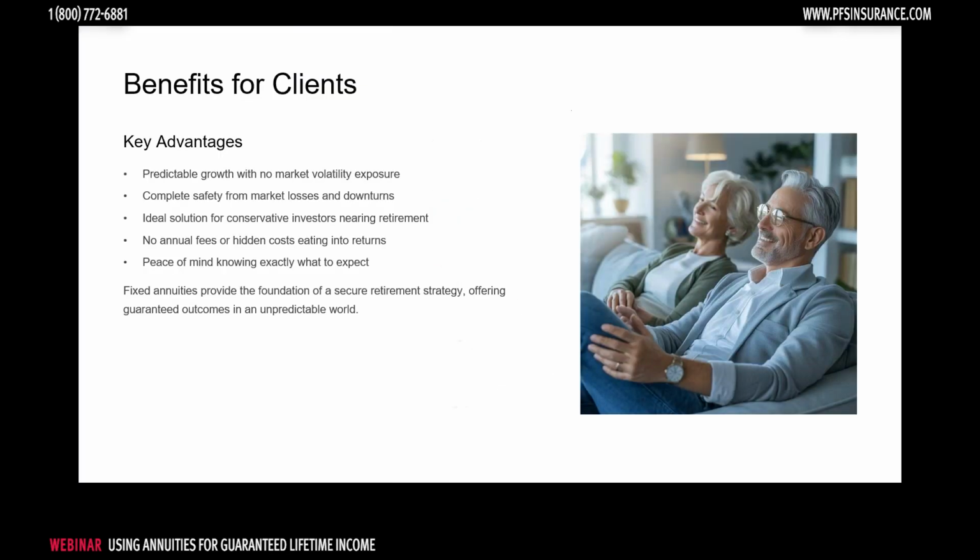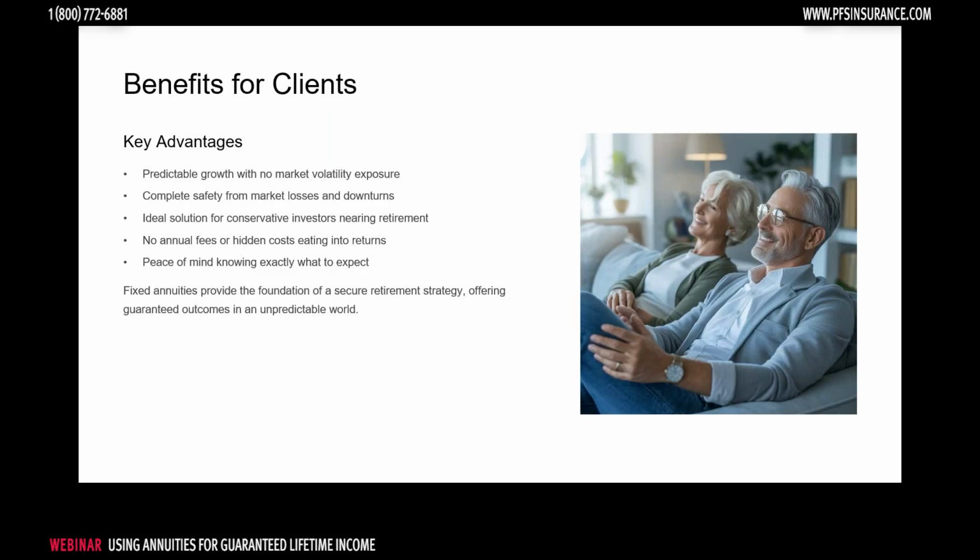So, again, just bringing home the point, the benefits to the clients: they're going to have predictable growth with no market volatility, safety of their principal, no downturns. It's an ideal solution for conservative investors or anyone who's nearing retirement, because when you're in the accumulation stage, you're generally going to be younger, and you can take that volatility and ride it out. But when you're getting closer to retirement, you're going to start drafting this money.